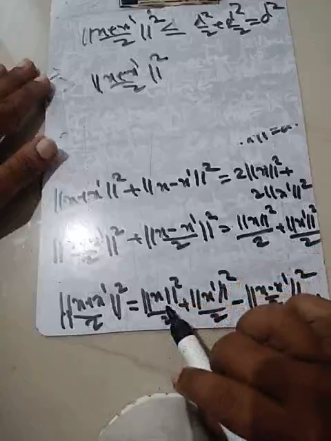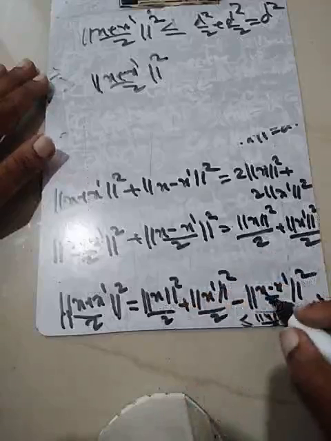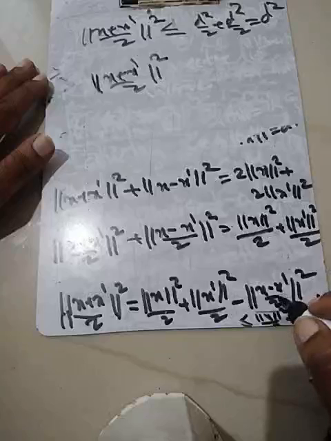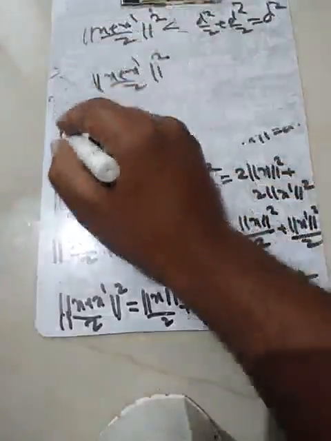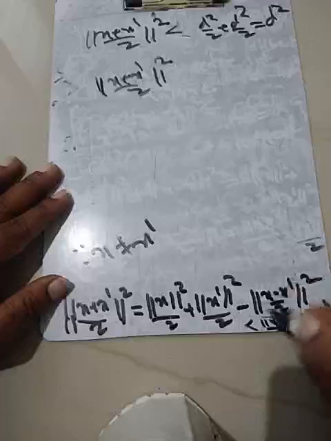Why is it strictly less? We are assuming that x is not equal to x dash, so the term norm of (x minus x dash) divided by 2 will not be 0.